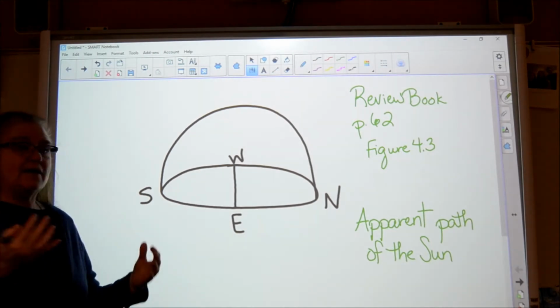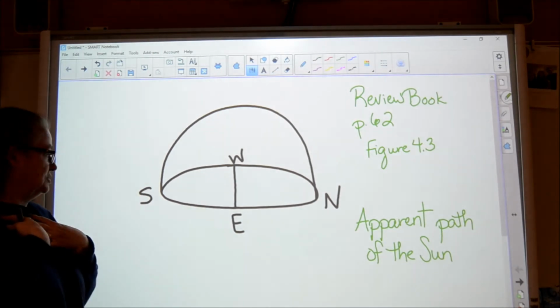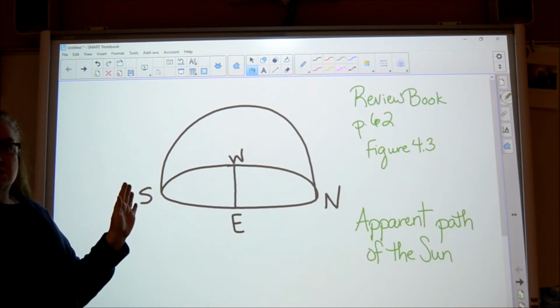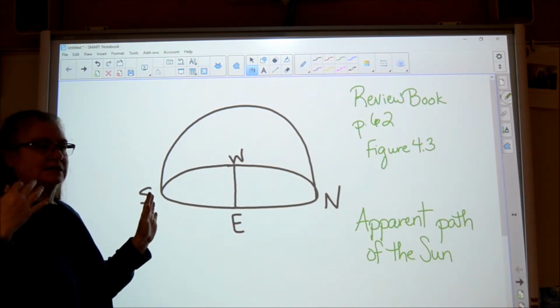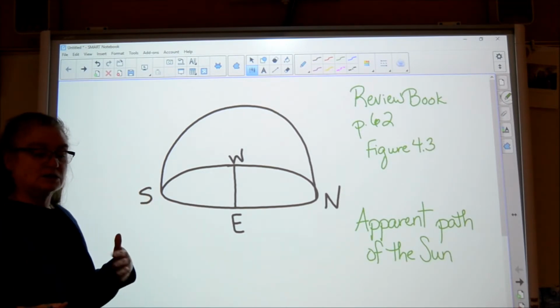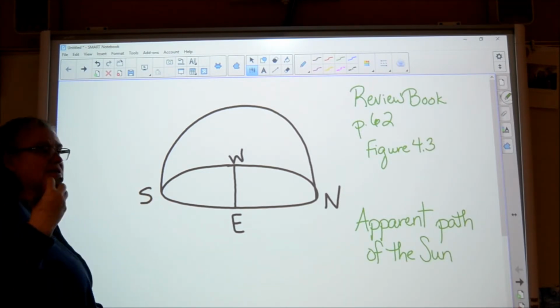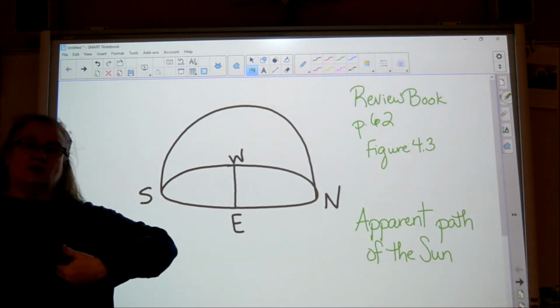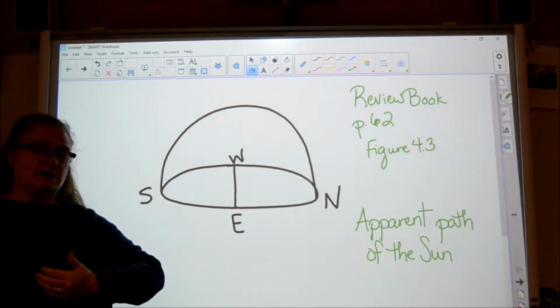So if you're looking at, from our perspective here in Syracuse, New York, winter time, which is December 21st, winter solstice, least amount of daylight. The arc is low in the sky. So the sun appears to always rise in the east, set in the west, because the Earth rotates counterclockwise or west to east.